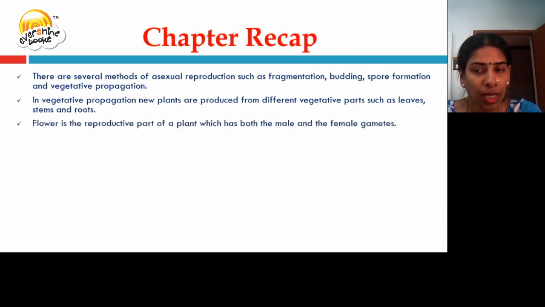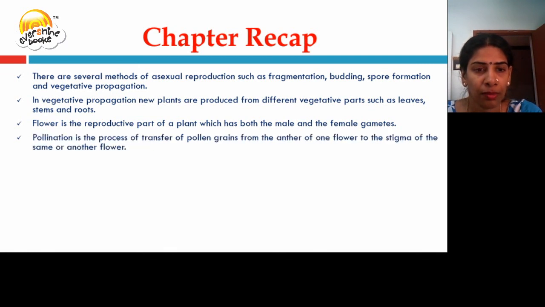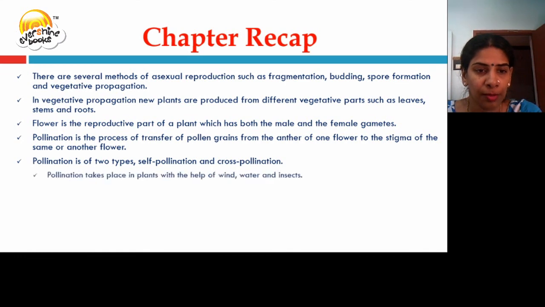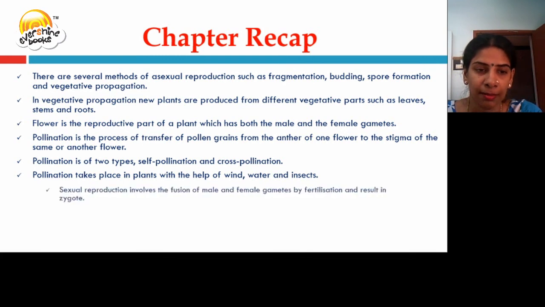It has both male and female gametes. Pollination is a process of transfer of pollen grains from the anther of one flower to the stigma of the same or another flower. Pollination is of two types, namely self-pollination and cross-pollination. Pollination takes place in plants with the help of wind, water, and insects.